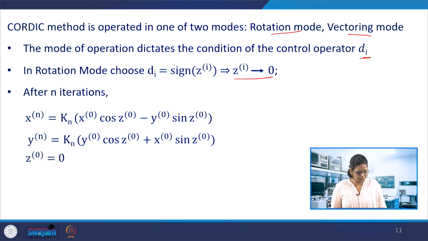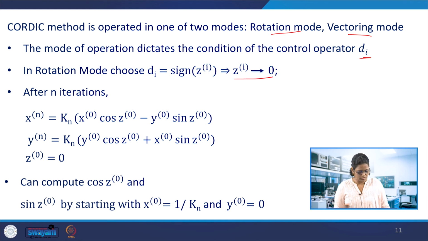First assume that z of 0 initially has no angle change, and then we can compute cos theta i, that is z of 0, cos z, the angle accumulator, and then sin z i, by starting with x of 0, which is in this equation, the three equations which we had given, 1 by kn, and then y of 0 equal to 0.